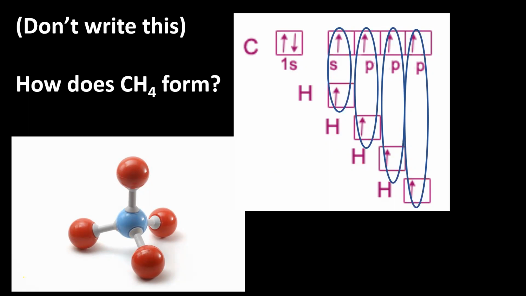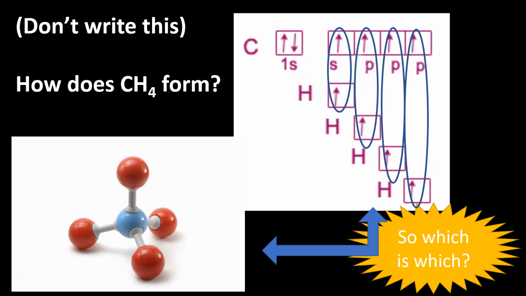For this compound CH4 to form, we see that carbon is starting with 4 orbitals in its valence level, and each of those orbitals has an empty spot, and that's why it takes 4 hydrogens. Every one of those hydrogens' electrons pairs up with one of the carbon's electrons, and that makes us have those 4 bonds.